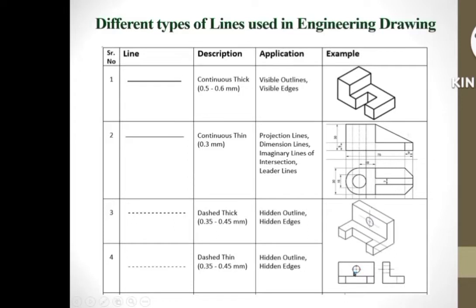So this hole, when it is projected for side view, it is shown as dashed thin. And the slot, which is not visible from the side view, is also shown here as dashed thin line.